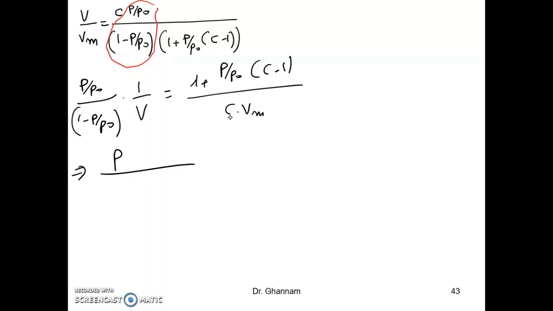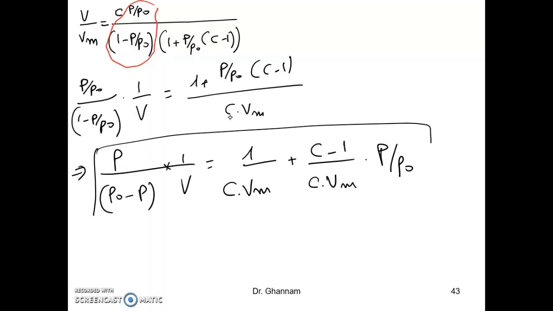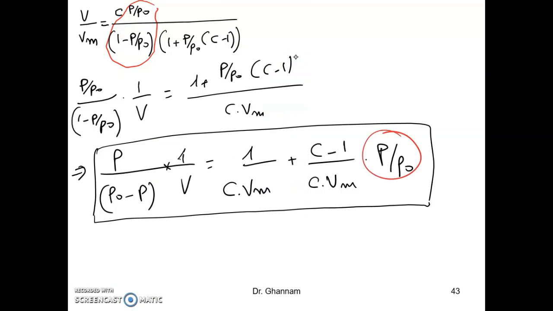So (P over P0) over (1 minus P over P0) times 1 over V equals 1 over C Vm plus (C minus 1) over C Vm times P over P0. And this is the development of the BET isotherm, where we can get a linear variation if we draw (P over P0) over ((1 minus P over P0) times V) as a function of P over P0.